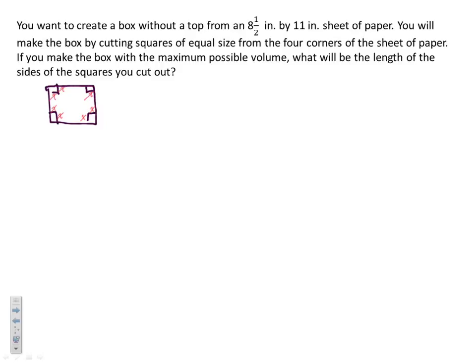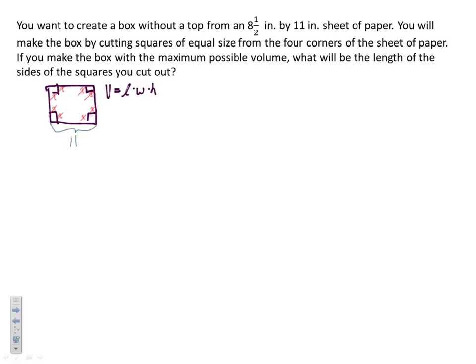Now you should be able to come up with an equation for the volume. Remember, volume equals length times width times height. So you need to find the length, the width, and the height. The whole sheet of paper is 11 by 8.5.